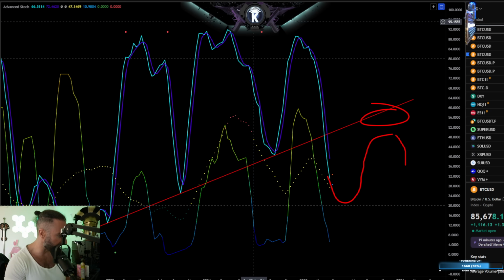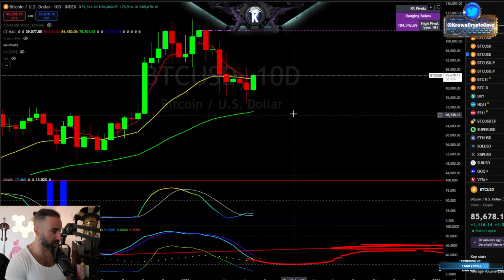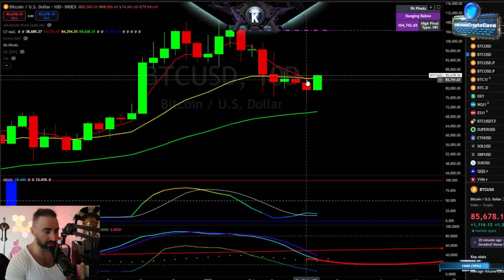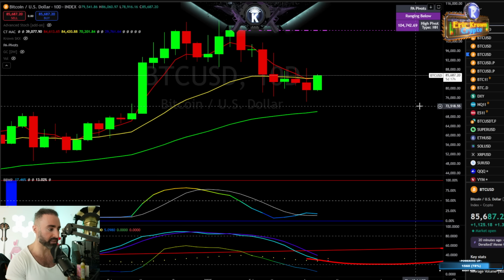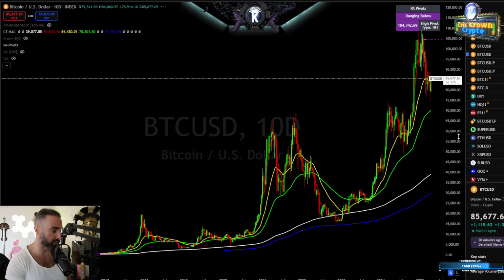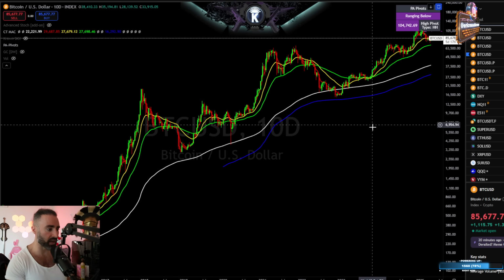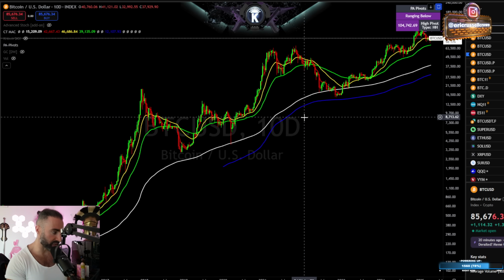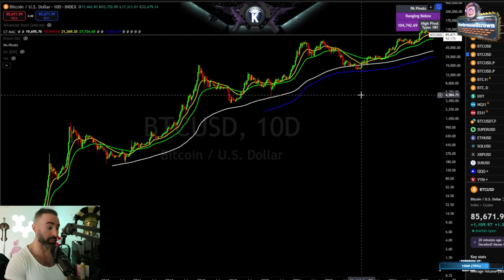Now, on top of that, if we go over to our moving averages, this is still very much relevant too. We see that the 5 EMA, that red moving average, crossed to the downside of the 21, officially confirmed on the last 10-day closure. And in the past of Bitcoin, that has always led to a minimum test of the green moving average, the 55 EMA, minimum meaning that Bitcoin at least gets there, usually has a bounce there, but in some cases does go much lower.